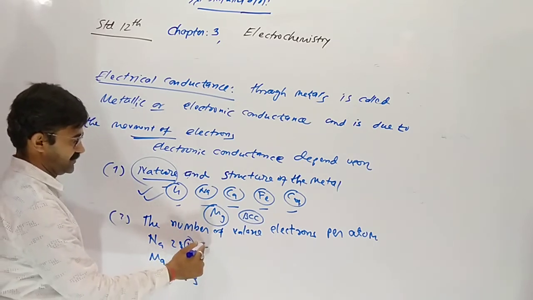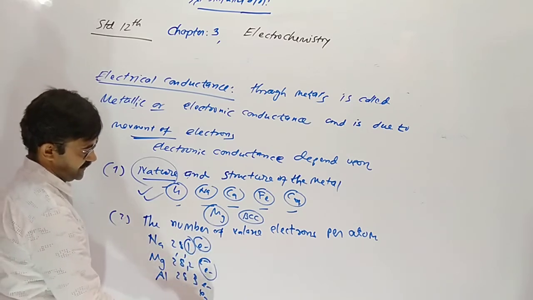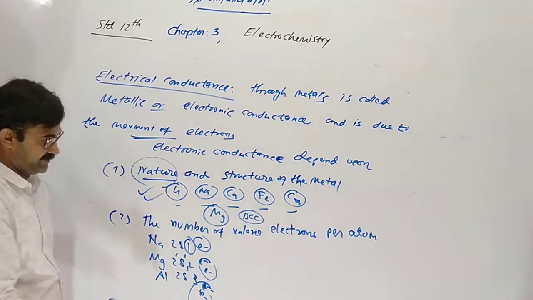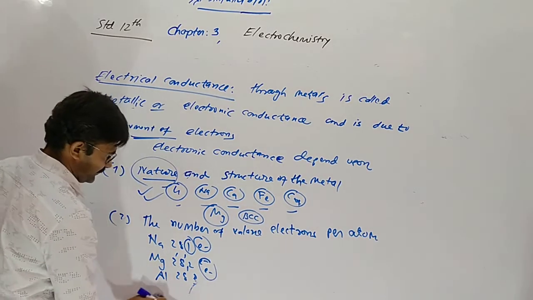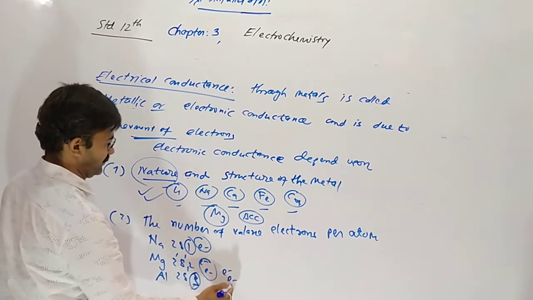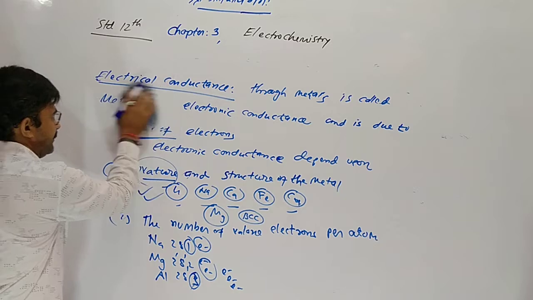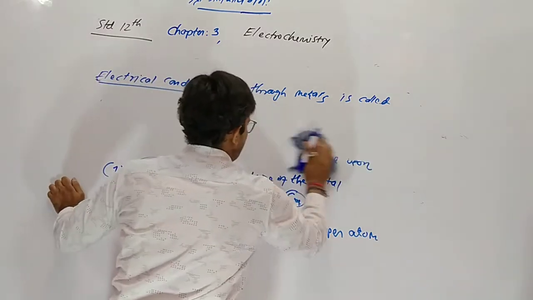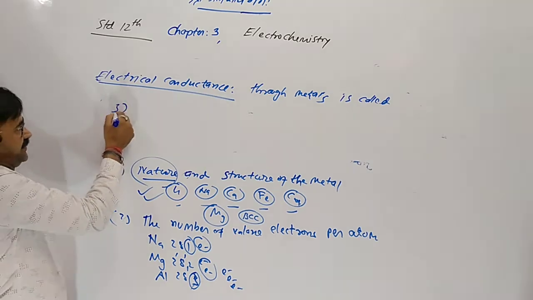In sodium there is one free electron, in magnesium there are two, in aluminium there are three. So conductivity is more in the case of aluminium. Why? There are 3 valence electrons in the outermost orbit. Now the third affecting factor is temperature.